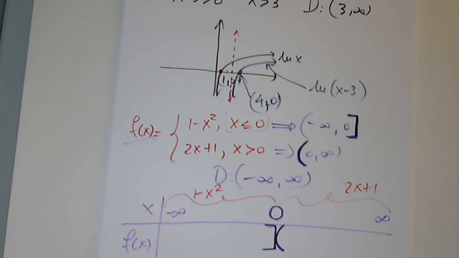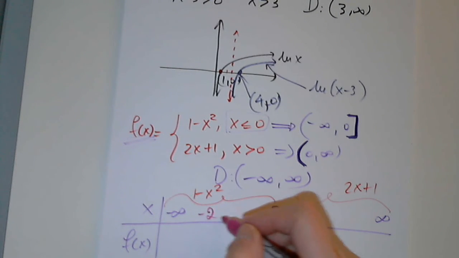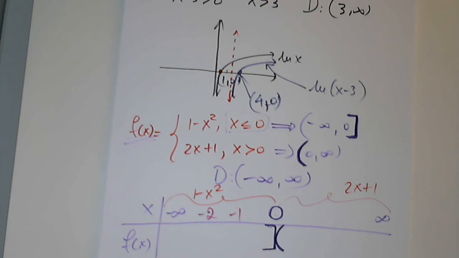So now, on the left-hand side, it's quadratic. I'm going to plug in, let's say, -2 and -1. -1 mandatory because it's an X-intercept. And -2 because I like to have more than one point on the left. It's a quadratic function. Now, can we picture the graph just of 1 minus x squared?